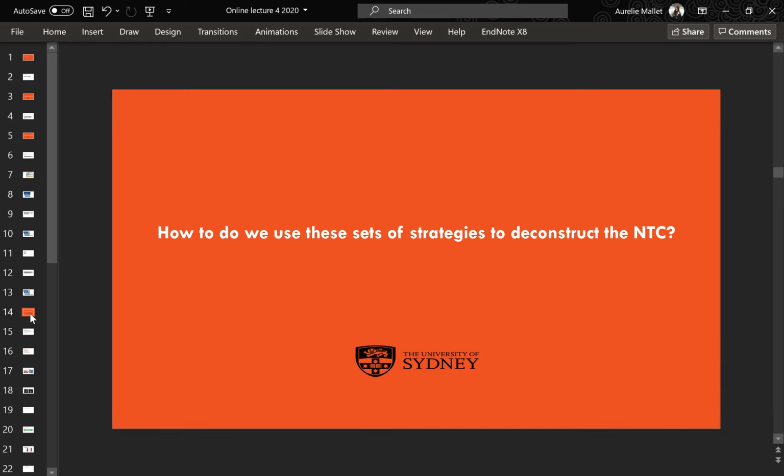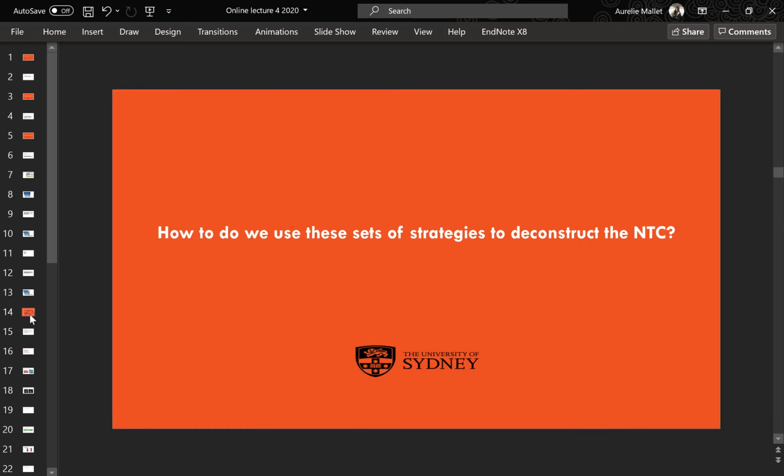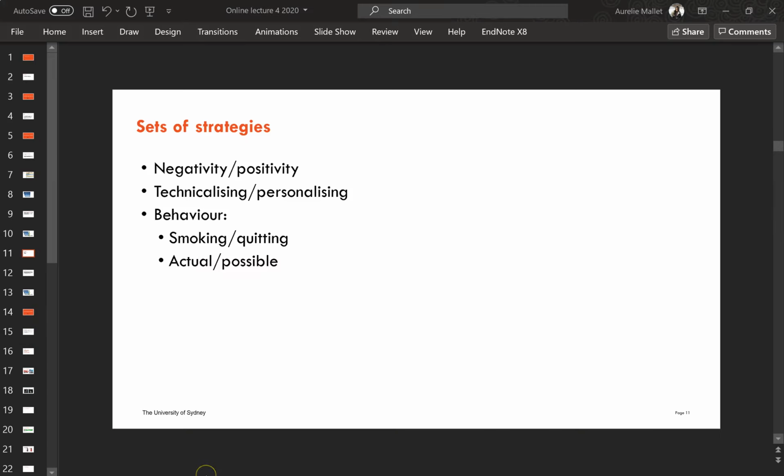So I came up with 3 sets of strategies that are essentially scalable. So these are the 3 sets of strategies that I developed working with my supervisors, of course, using them to analyze these.